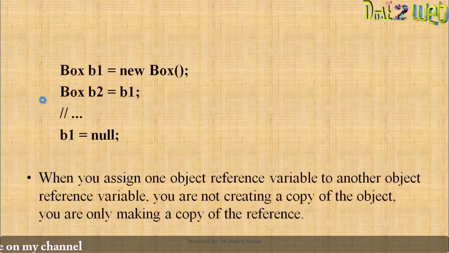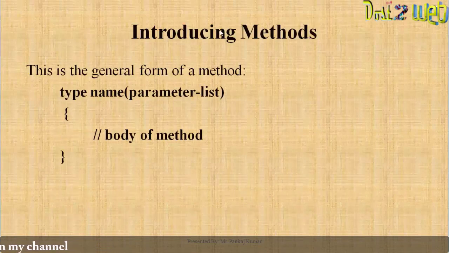Now we have to talk about the method, which is like a member function. You know very well that a method is a custom, user defined block, and whatever functionality you want, you can add it into methods.